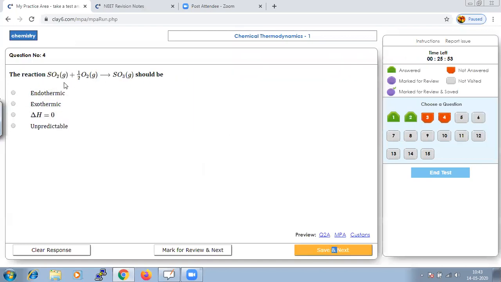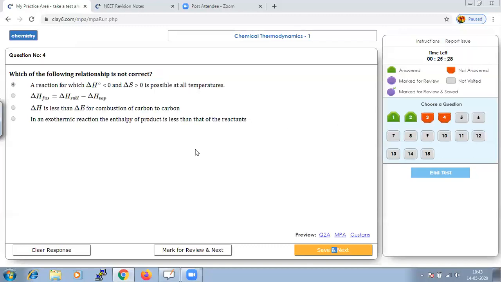The reaction SO2 plus half O2 gives SO3. Is it exothermic, endothermic, or unpredictable? So when I see a reaction, how could I say what type of reaction it is? I think I clicked two times. Third option, sorry.